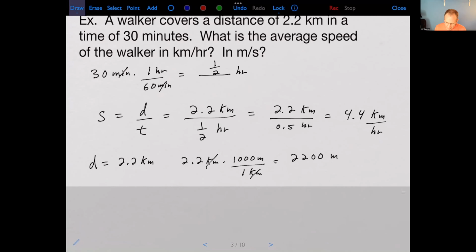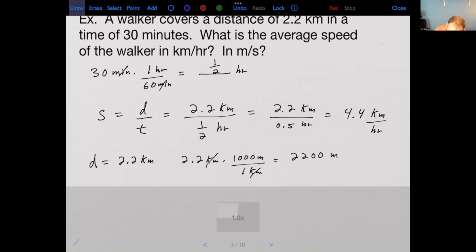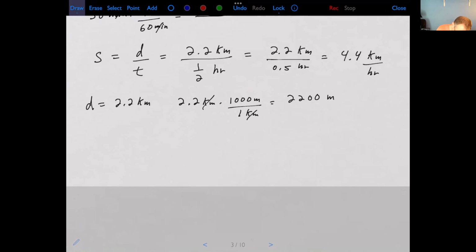And then let's see, I want seconds. Given the elapsed time is 30 minutes, how do I convert that to seconds? Well, I know that 1 minute is 60 seconds. So I need to write it like that. So I'm just multiplying 30 by 60, which is 1,800 seconds.